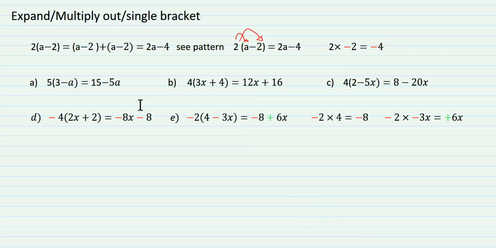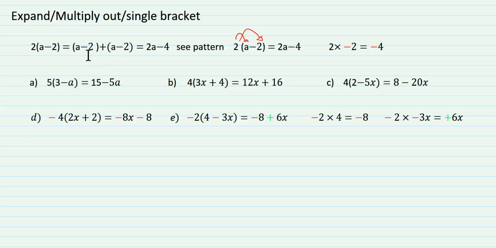Okay, now we're going to expand and simplify single brackets. Remember, expand and multiply out single brackets. Expand and multiply out means the same thing. Now 2 times a minus 2 in brackets, yeah, is equal to a minus 2 once, a minus 2 twice.